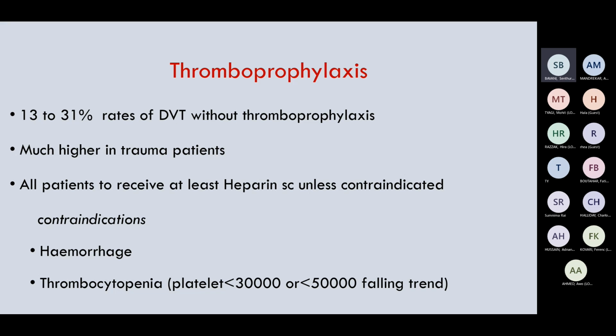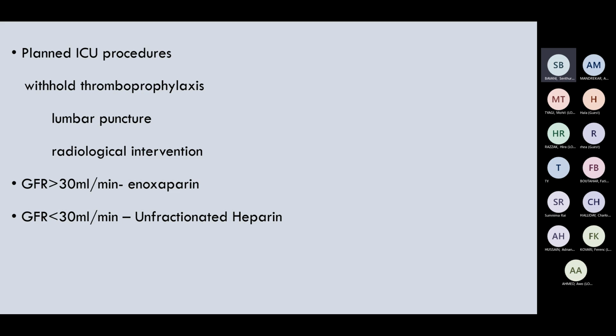What are the contraindications? Hemorrhage or evidence of thrombocytopenia: if the platelet count is less than 30,000, or less than 50,000 with a falling trend, we have to avoid thromboprophylaxis. In ICU patients, for procedures we usually never withhold thromboprophylaxis unless indicated.